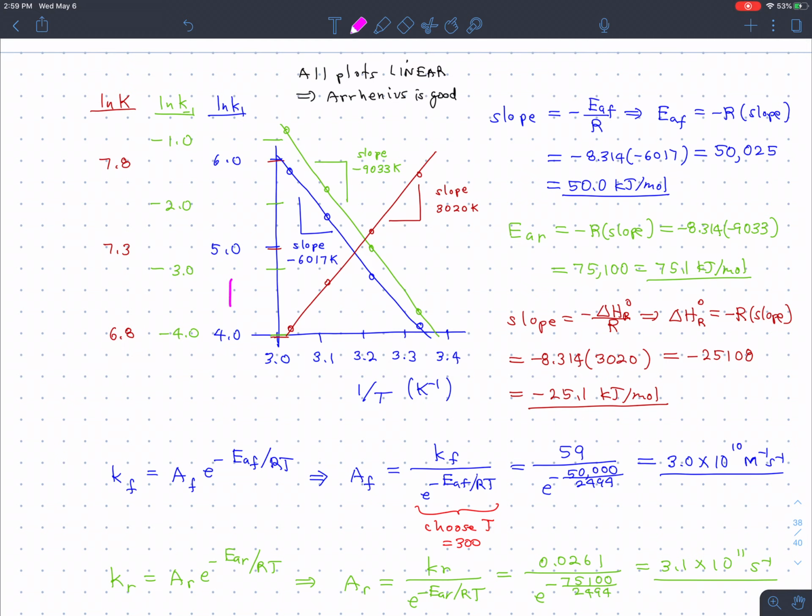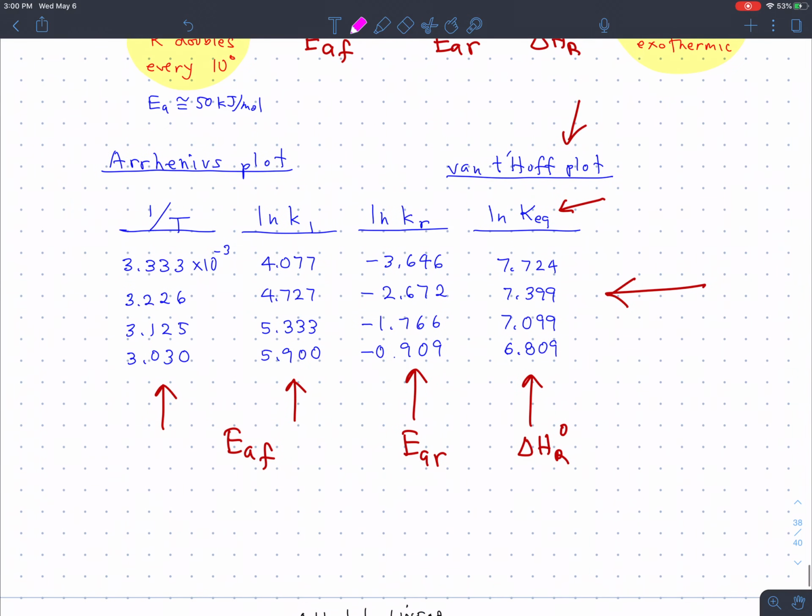First of all, this axis, the blue color, is where I'm plotting the logarithm of the forward rate constant versus, notice, 1 over T down here. And notice that the range or scale for this x-axis is set by the range of 1 over T values that come from the data. And notice that it's a pretty narrow range. It goes from 3.333 times 10 to the minus 3 down to 3.03 times 10 to the minus 3.